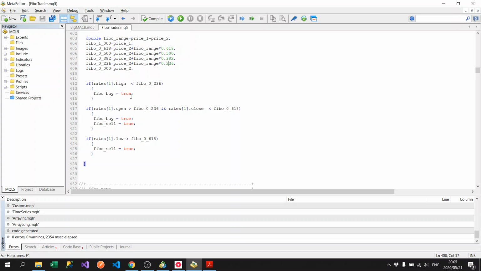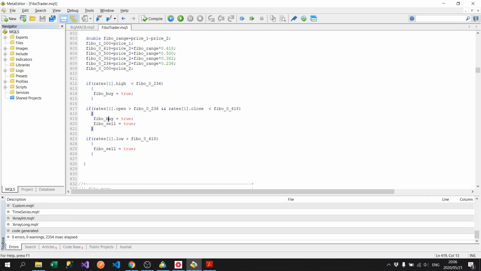So the first check we're doing is if the previous candle's high is completely underneath the 23.6 level, then we look for a buy. Then we check the open of the rate: if it is greater than the 23.6 and less than the 61.8, then we are in our trading range.